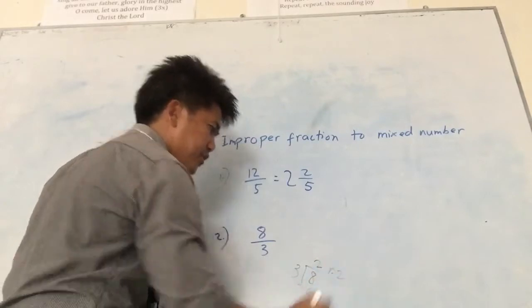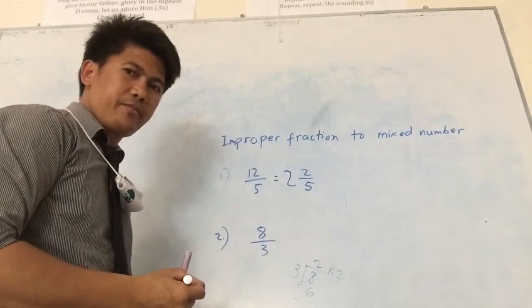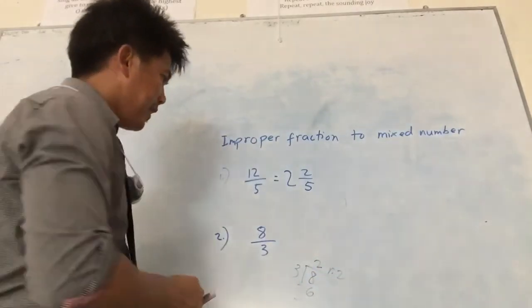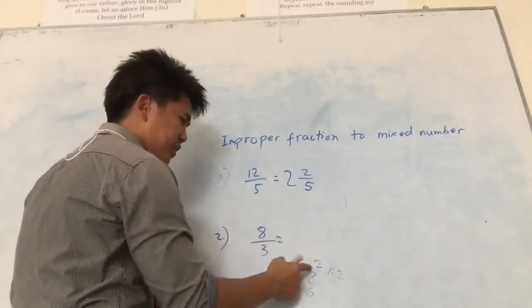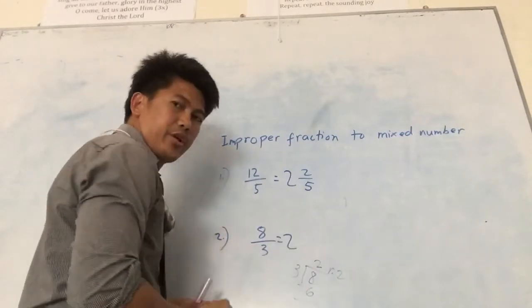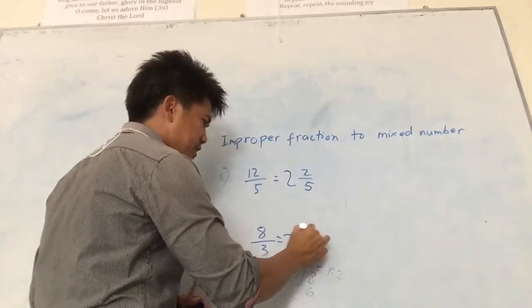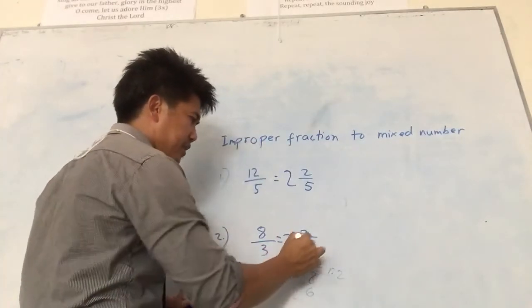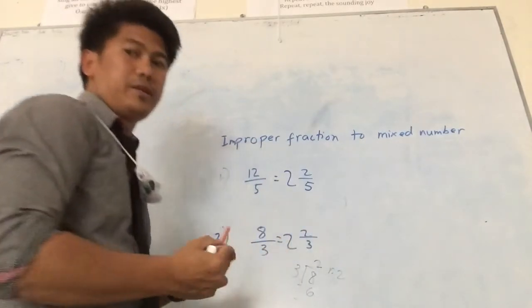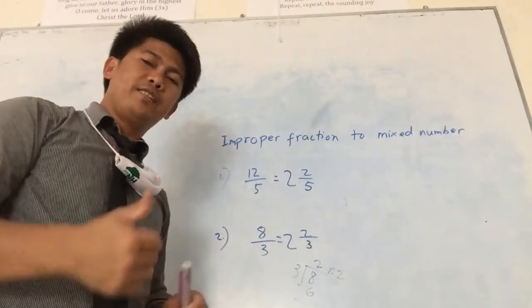Remainder 2. So again, this 2 will be your number in front, and the remainder is the numerator, and copy 3 there. So that's your answer. Simple, right?